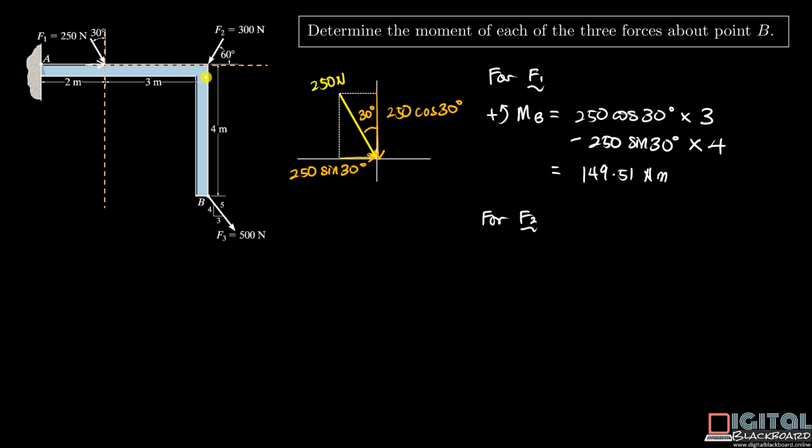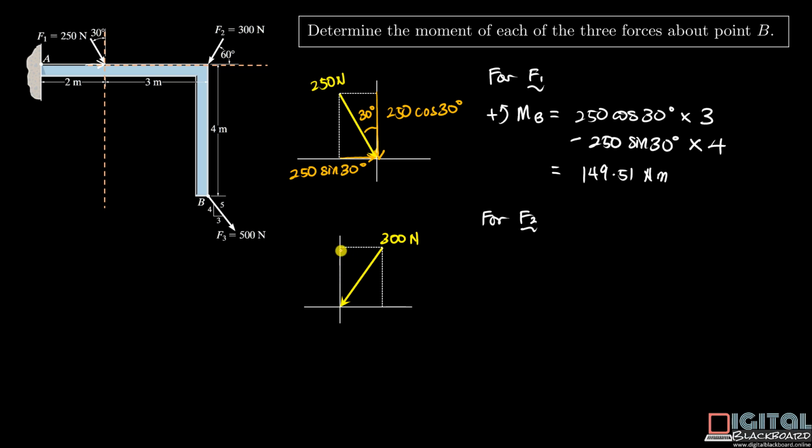F2 is applied at this corner here at a certain angle, 60 degrees to the horizontal. So in this figure here, the force F2 is drawn as a vector and has a magnitude of 300 newtons. We are going to resolve it into both its vertical and horizontal components.